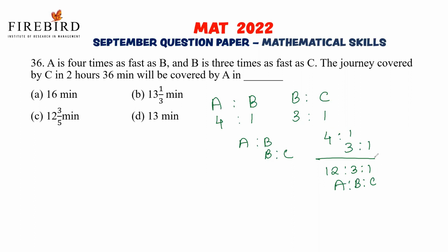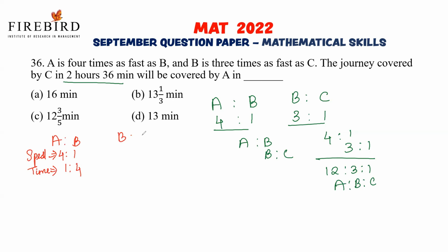See, one thing here, they are asking time. So here I have written the speed ratio. Now what you have to do is write the time ratio. If the speed ratio of A and B is 4:1, then because speed and time are inversely proportional, the time ratio is 1:4.